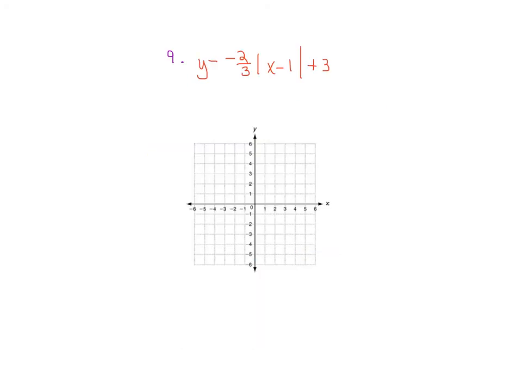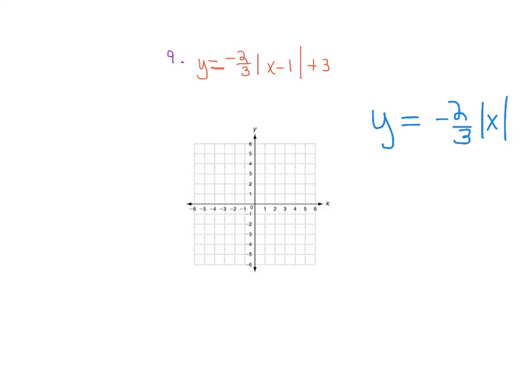The next one is also an absolute value. Here is also a graph of an absolute value. So for this one, we're going to compare it to the equation y equals negative 2/3 and then the absolute value of x.